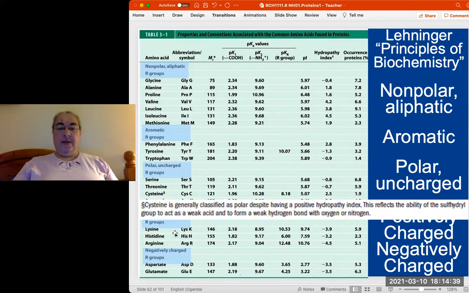So here you'll see that cysteine is put in the polar uncharged R groups, but with a note which says cysteine is generally classified as polar. That means Lehninger classifies it that way, despite it having a positive index because of the sulfhydryl group. So cysteine is a bit of an odd one. People put it in different categories, so don't worry about which textbook you read.